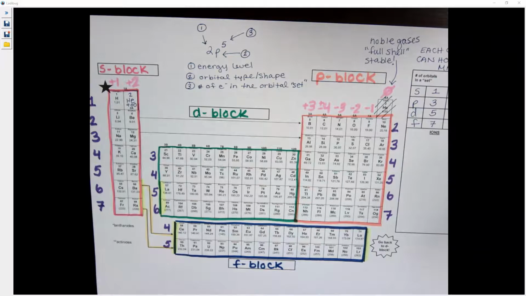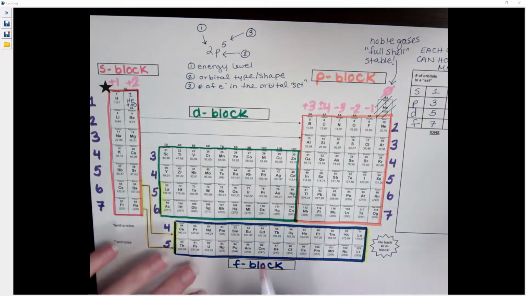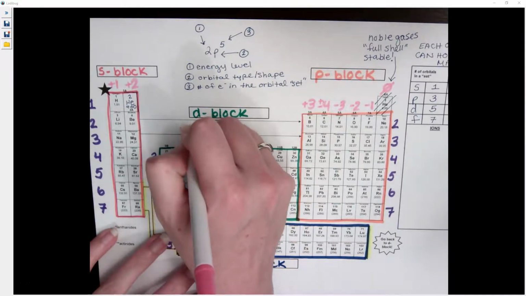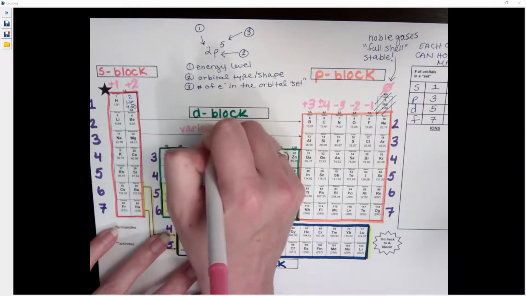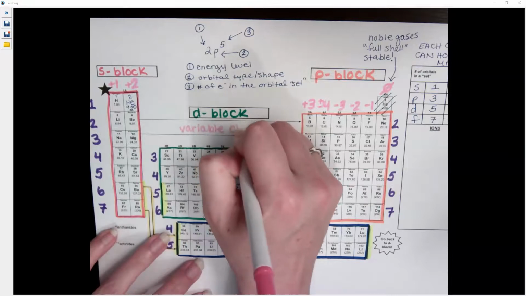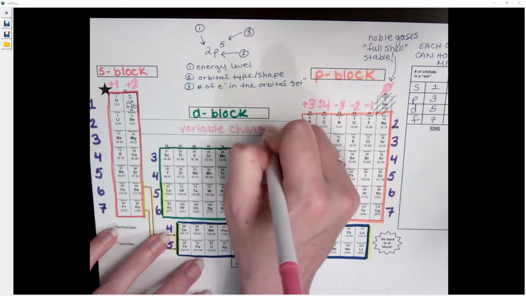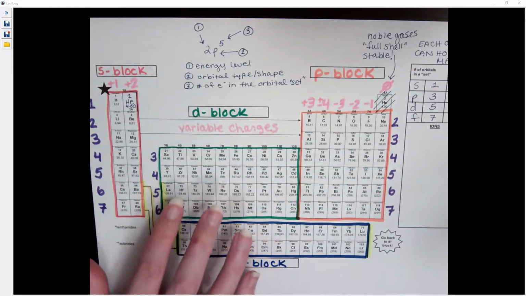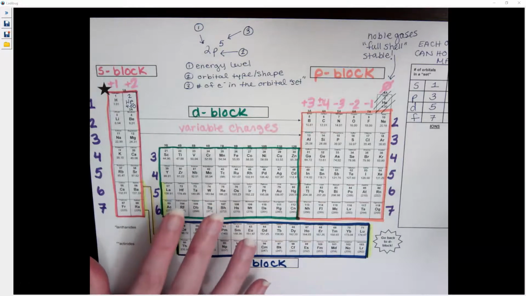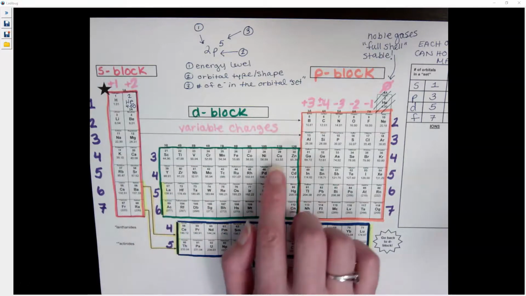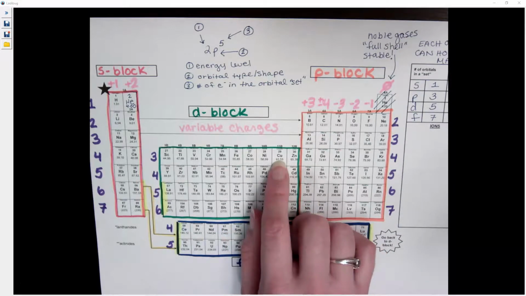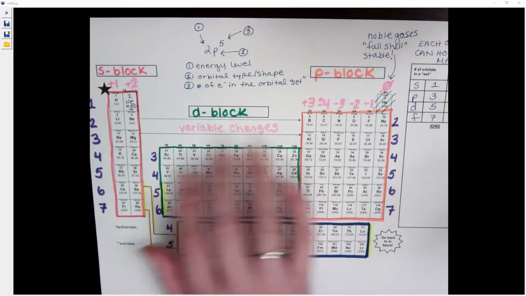The D block is a little weird because the D block can make what we call variable charges. And same with F block. Because these orbitals are so strange, they can do a lot of weird stuff. So you could have copper +1 or copper +2 or copper +3 or 4. You can do a lot of different things in here.